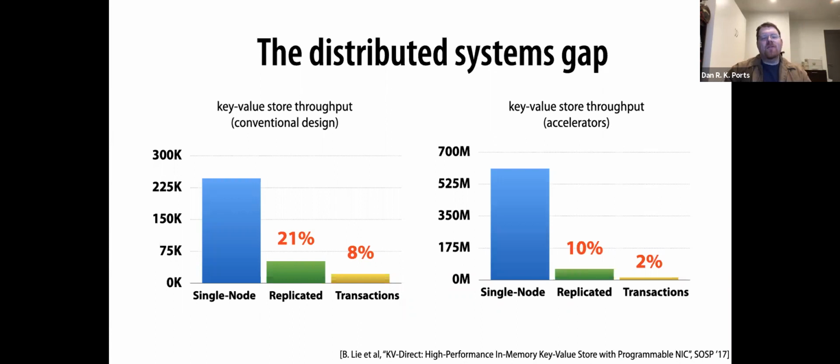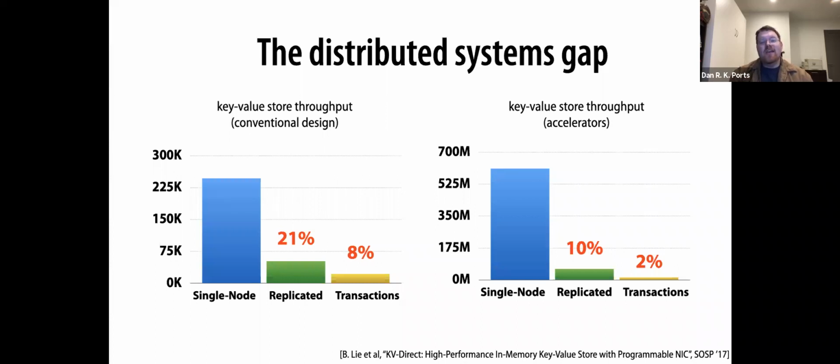But if we think about some of the latest results we've seen in the last few years, there's been a huge amount of progress taking advantage of accelerators to build faster storage systems. So this graph on the right is summarizing a lot of different work from a lot of people. The first thing to notice is these numbers are a lot larger. If you didn't notice, the y-axis quietly changed from hundreds of thousands to hundreds of millions.